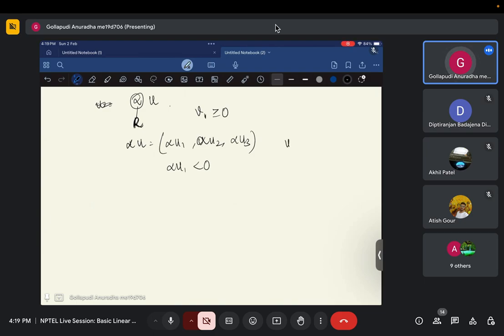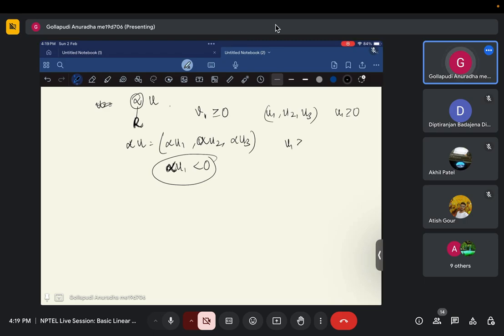As I said, u1, u2 and u3 will be in the space, so definitely u1 is more than or equal to 0. But there can be any alpha value which can make this less than 0. For example alpha is some negative value, minus 1.